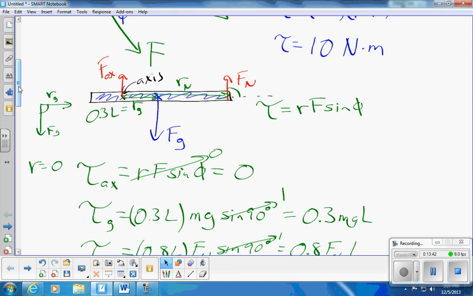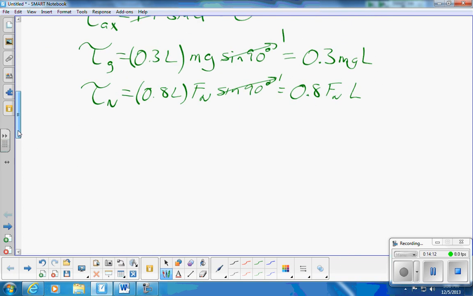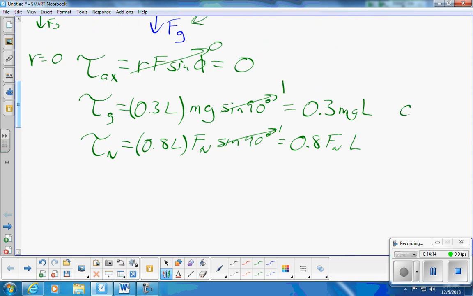So you have to kind of visualize here. The gravitational torque, the torque created by the force of gravity: if you imagine this stick pivoted where the axis is, and the force of gravity pushes down in the middle, it's going to make the stick rotate in the direction it actually did in our experiment, which is clockwise. And so the torque created by the gravitational force is clockwise.